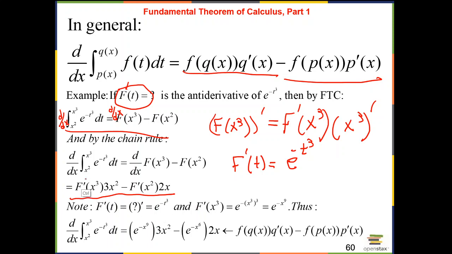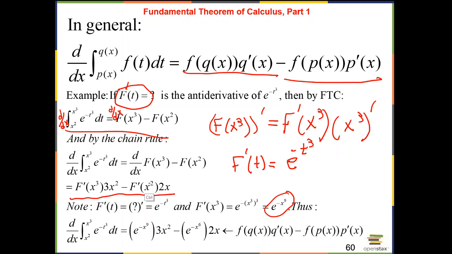Now, what we have to do, we have to find f prime evaluated at x to the third power. So we have to take x to the third and substitute for t here. And we're going to get this. And then we have to take e to negative t to the third, which is f prime, and evaluate it at x squared.